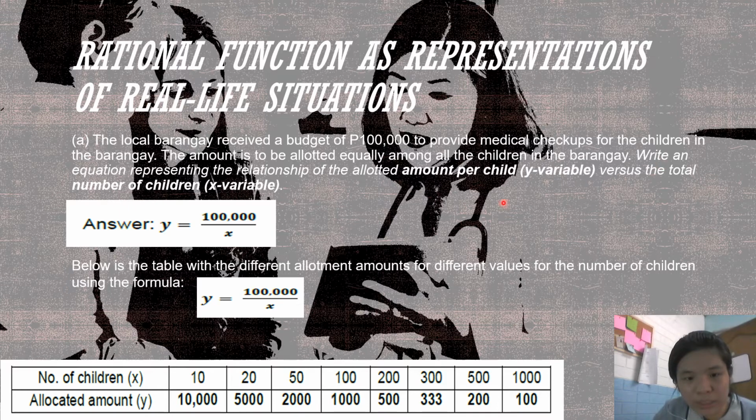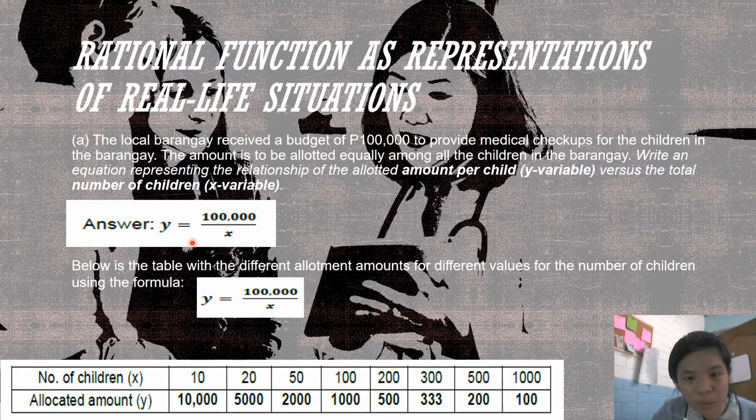Pero magsulat daw tayo ng equation na nagre-represent ng relationship ng amount na matatanggap ng bata, which is represented as y variable, versus sa total number of children, which is represented as x variable. Therefore, the equation is y equals 100,000 over x.